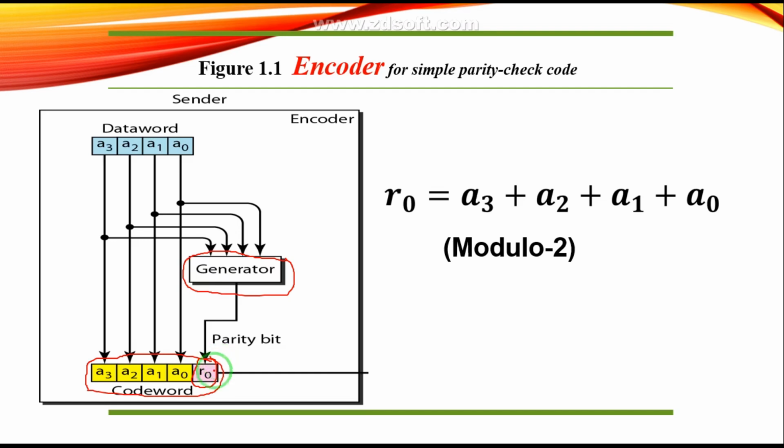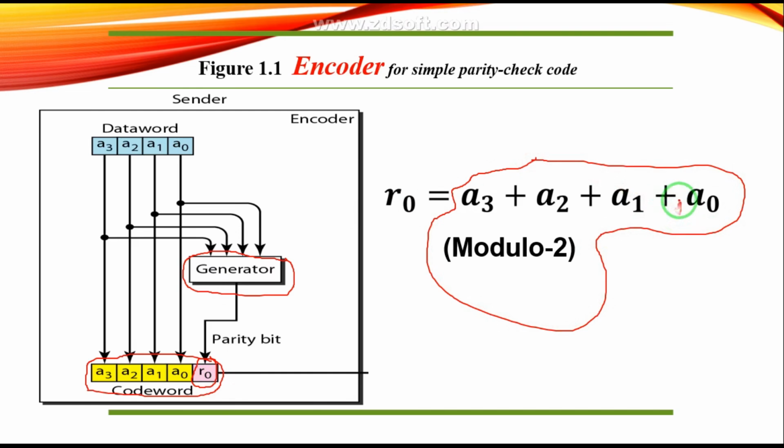This is normally done by adding the 4-bit data word, that is, performing a modulo 2 arithmetic, A0 plus A1 plus A2 plus A3, modulo 2, and the result is denoted by R0. If the number of ones is even, then R0 is equal to 0.